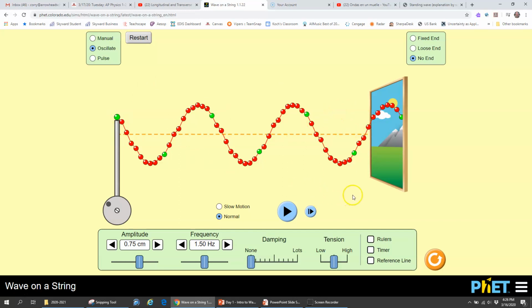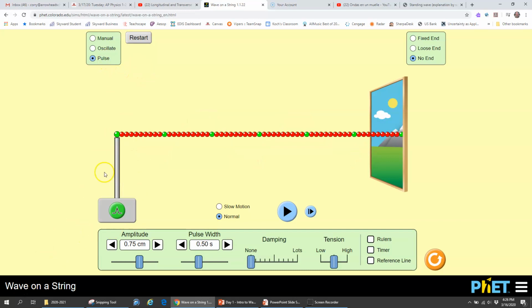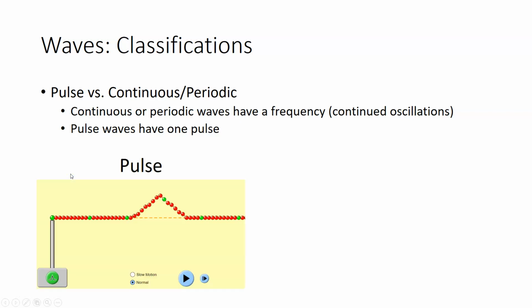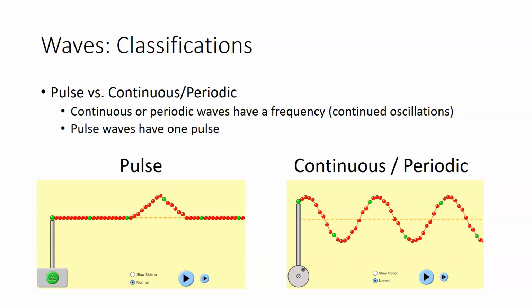But this would be a periodic wave, and it's obvious why it's called periodic, because it has a period. This thing oscillates back and forth, and contrast that to a pulse wave in which there is only one. Just a couple of screenshots to show that idea there.